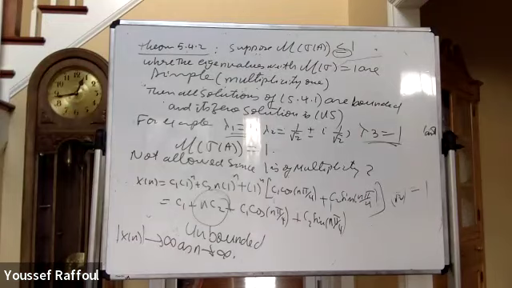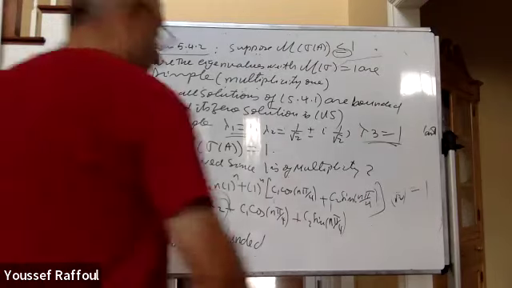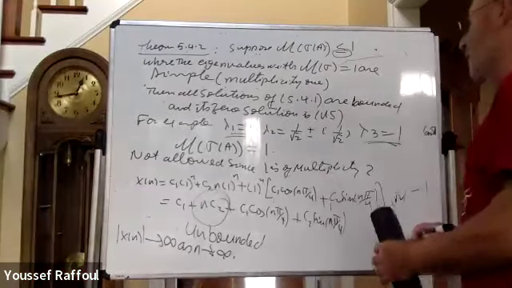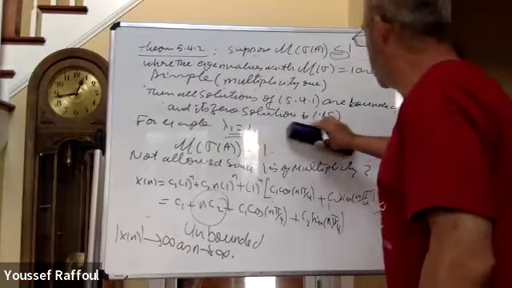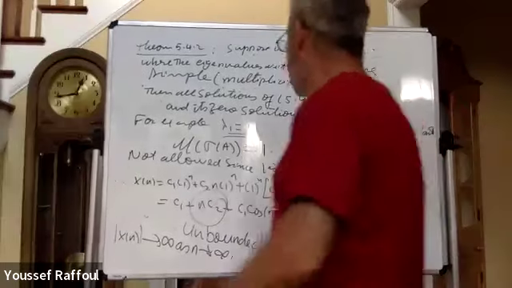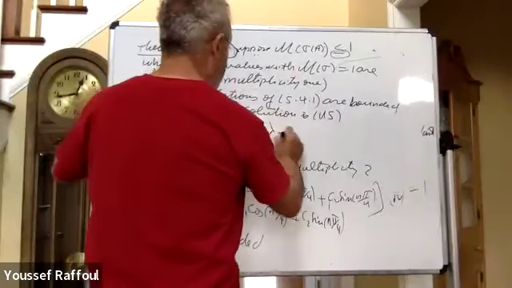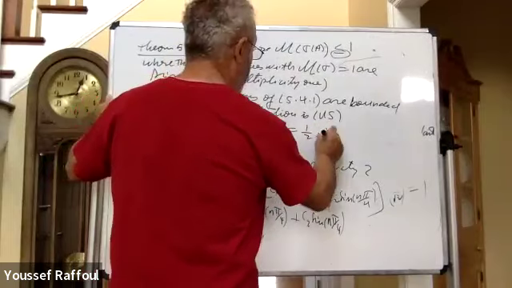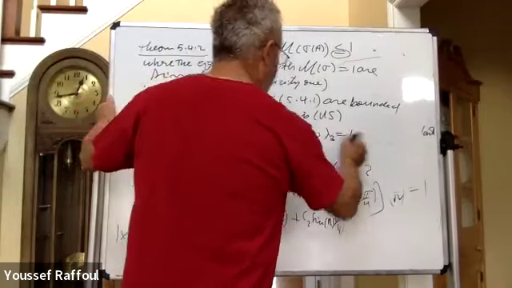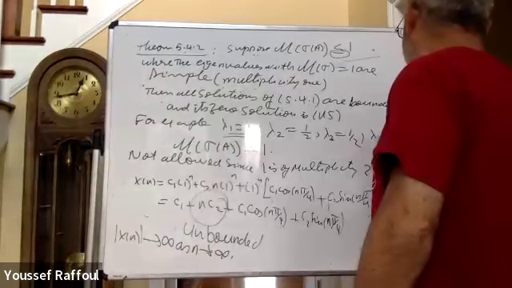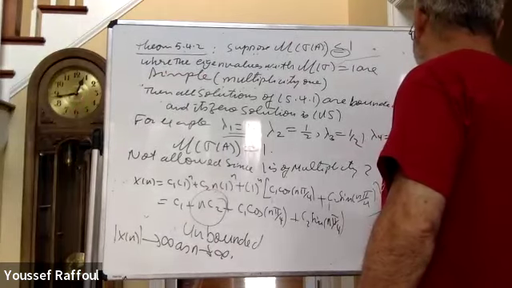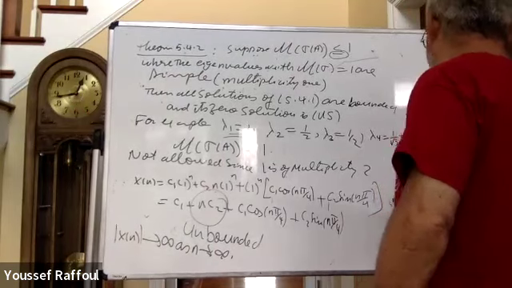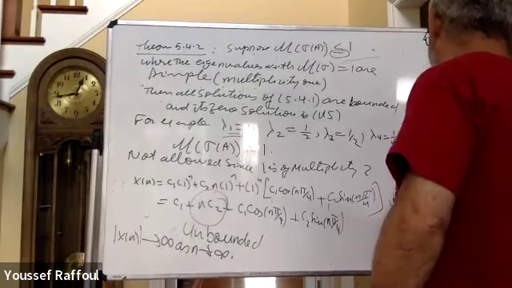Any questions? What if I have lambda 1, lambda 2 equal 1/2, lambda 3 equal 1/2, and lambda 4 is 1 over the square root of 3 plus or minus i times 1 over the square root of 3.